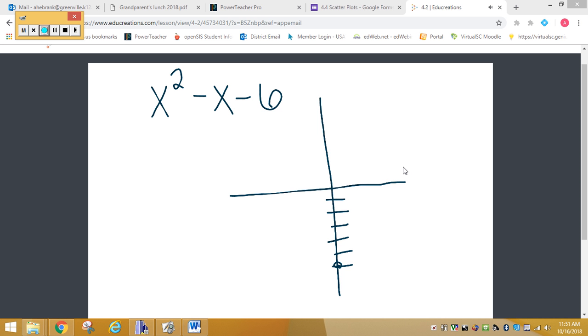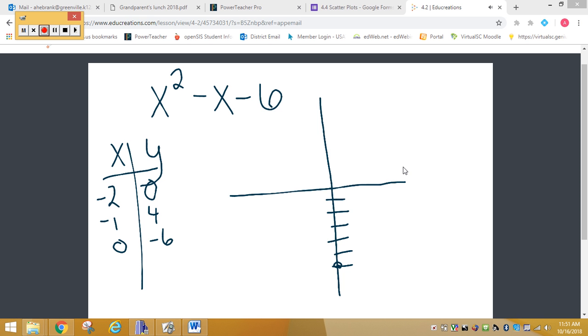You can put it in y equals on your calculator and make a table. I'm going to do that real quick. X squared minus x minus 6. So my table, I'm going to use -2, 0, -1, -4, 0, -6, 1, -6, 2, -4, and 3, 0.